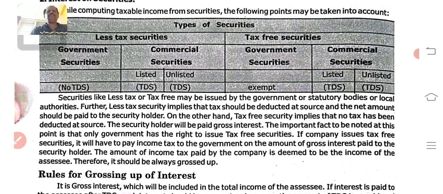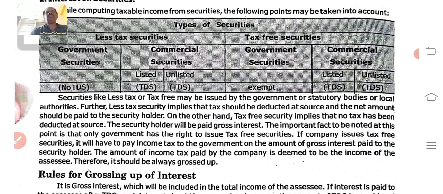The important fact to be noted at this point is that only the government has the right to issue tax-free securities. If a company issues tax-free securities, it will have to pay income tax to the government on the amount of gross interest paid to the security holder.